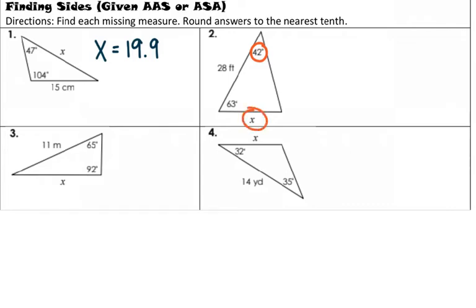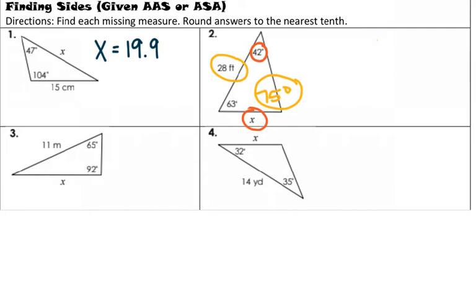Then we have another angle, but notice we don't have this side. That's okay, because we know that a triangle equals 180 degrees. So I could do 180 minus 42 minus 63, and I get 75. It's a little misleading, but you do have another angle and a side across from it.